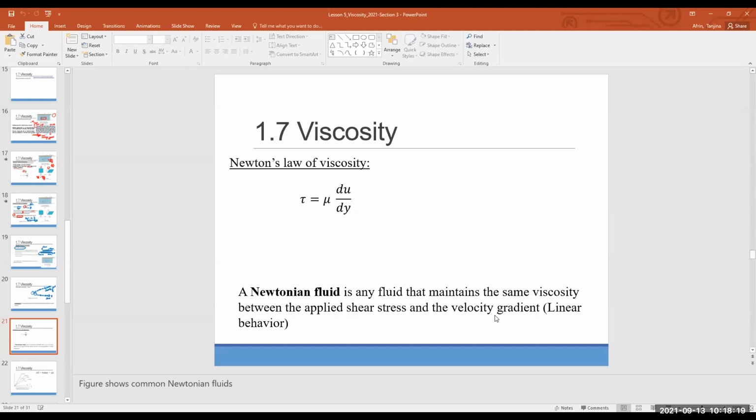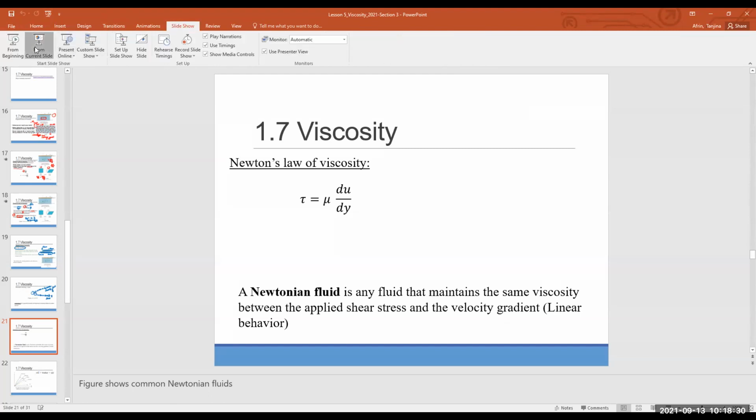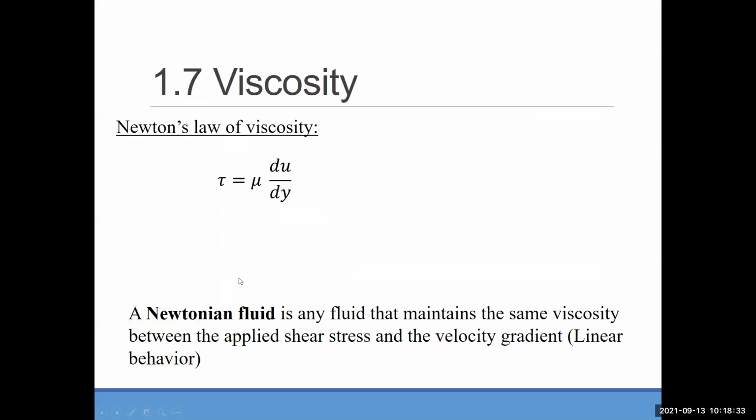Okay, class. So we just started Newton's law of viscosity, right? Just to remind you very quickly what we did. Newton said that the shear stress applied on a fluid is proportional to the velocity gradient, right?